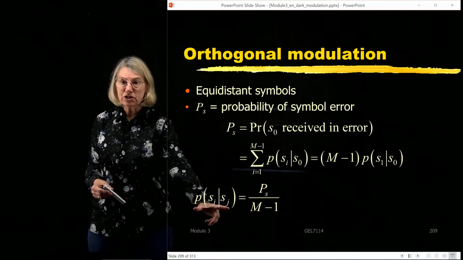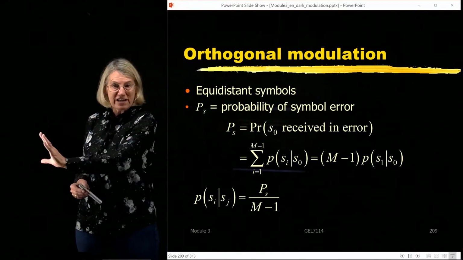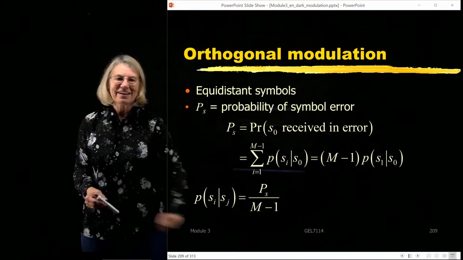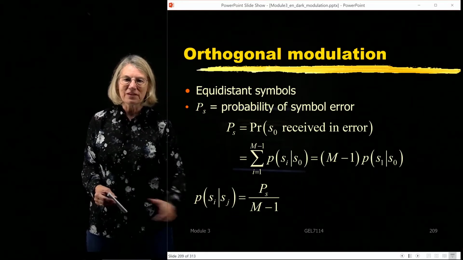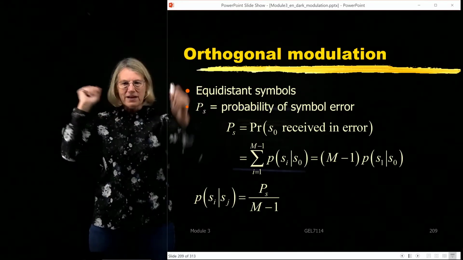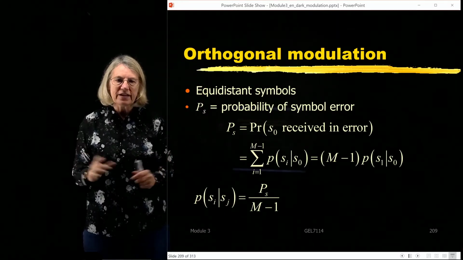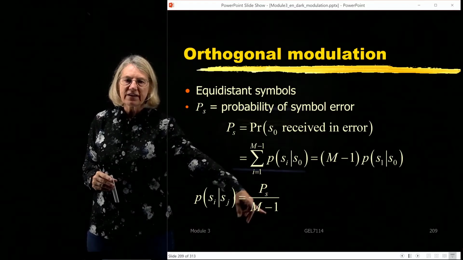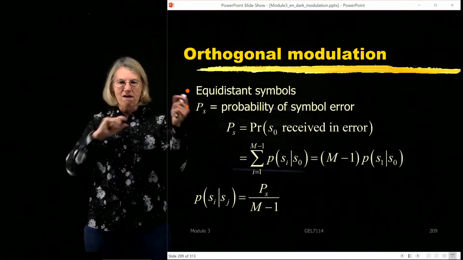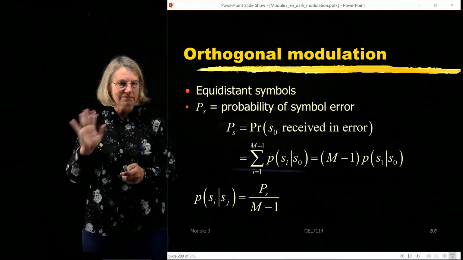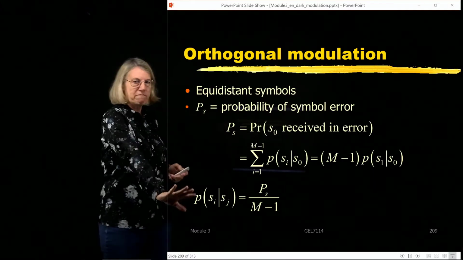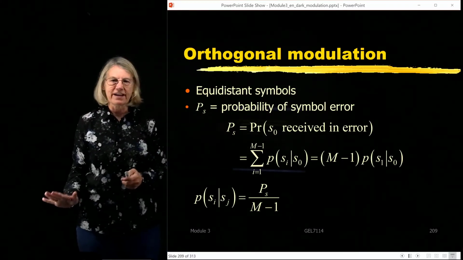So this is a conditional probability. I haven't gotten to the probability of bit error yet, okay? This is an intermediate step. Due to this orthogonal modulation, this super symmetry, this conditional probability is just the symbol error divided by M minus 1. It doesn't matter which pair I'm looking at. Okay, that makes it easier. So now this is my setup. Now I'm going to show you how to find the bit error.